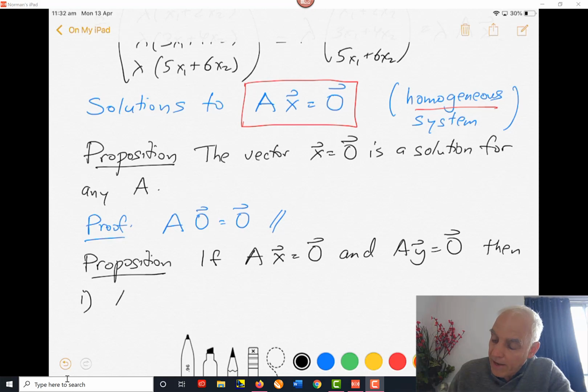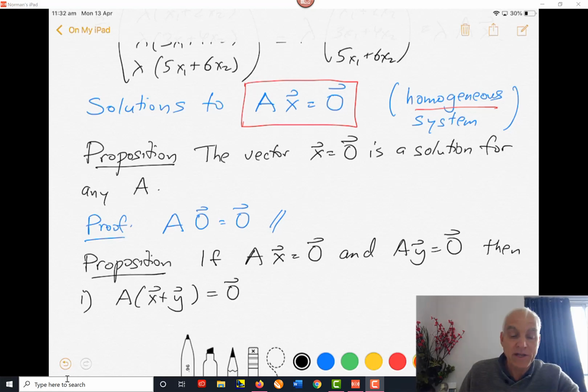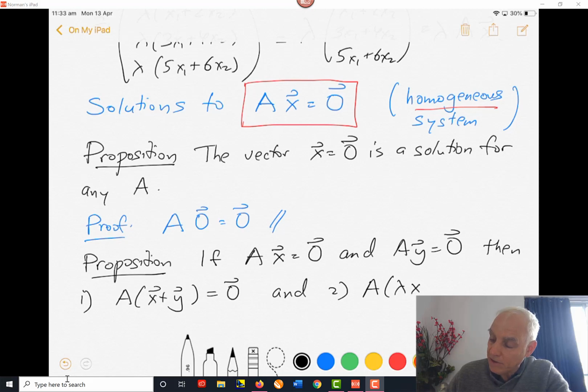First of all, the sum x plus y will also be a solution. In other words, A times x plus y will also be 0. And the second thing, if we take any multiple of x, say lambda x, it will also be a solution to the homogeneous system. We'll also get 0.